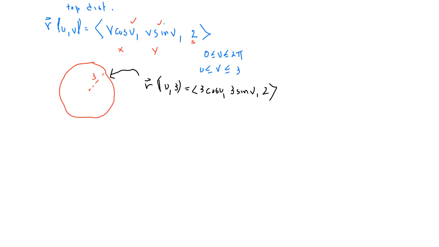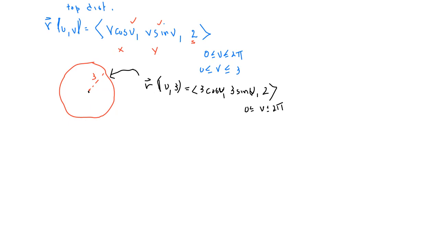Do you see that that space curve would have this parameterization? And of course, u is between 0 and 2 pi.